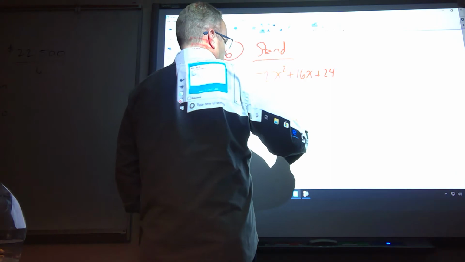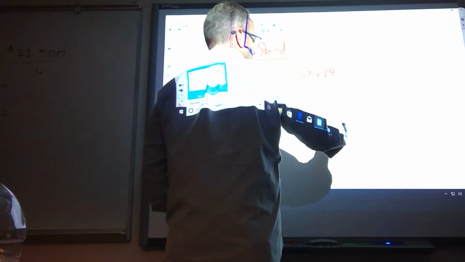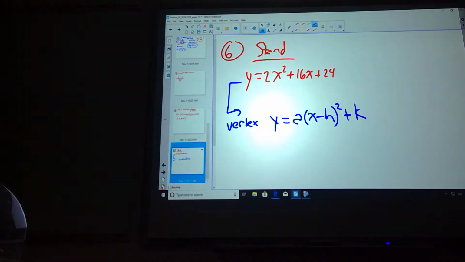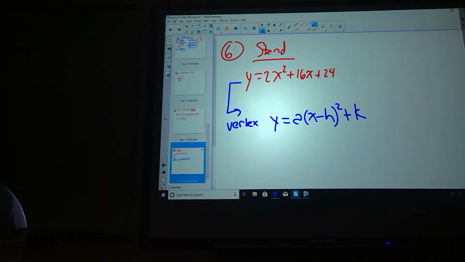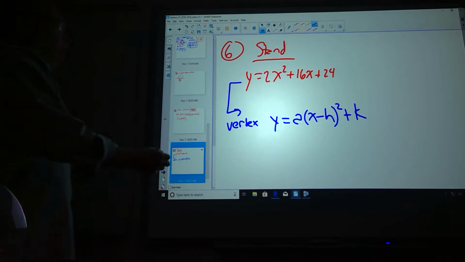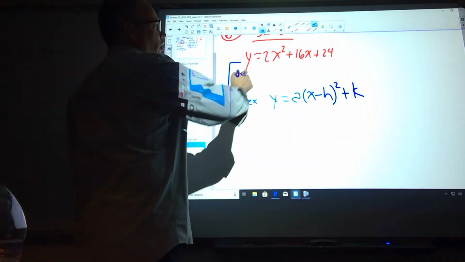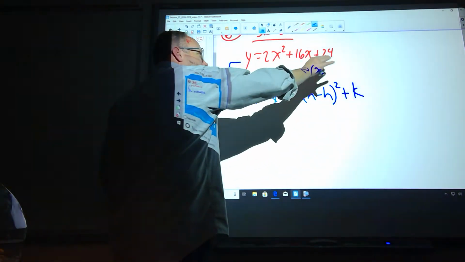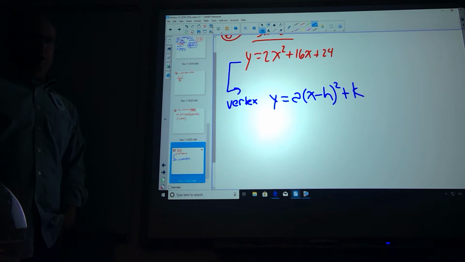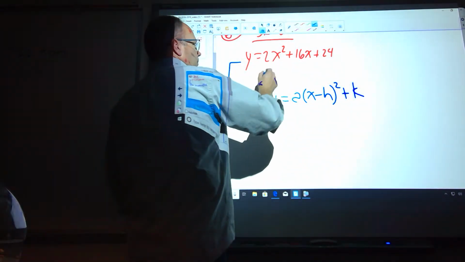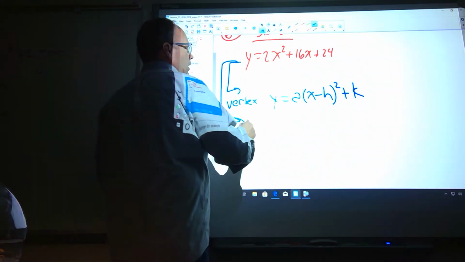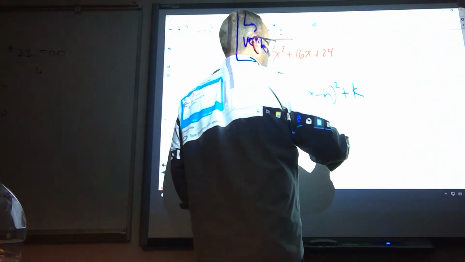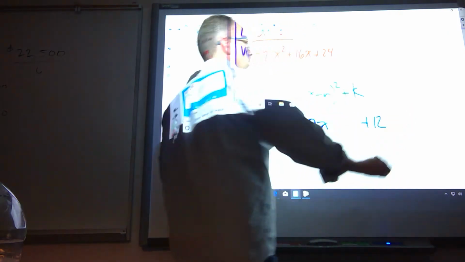That means I have to complete the square. This is trickier because there are things that don't make sense to you right now. We have y equals, it's not 0 equals, right? So first thing I'm going to do is y over 2 equals x squared plus 8x.